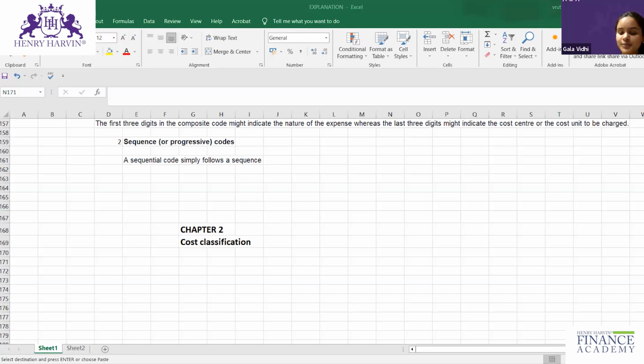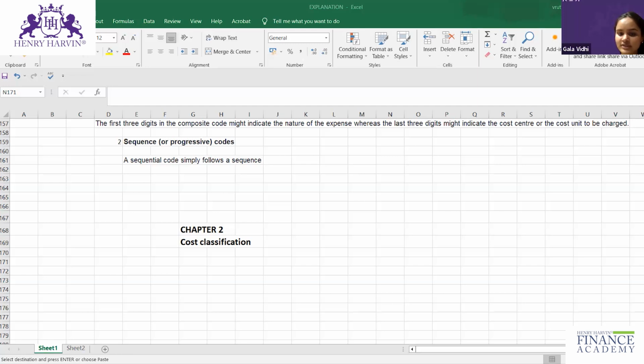For the preparation of your financial statements, costs are often classified into two categories: production and non-production cost. So what is production cost? Production costs are costs identified with goods produced for resale. That is the basic definition of production cost.